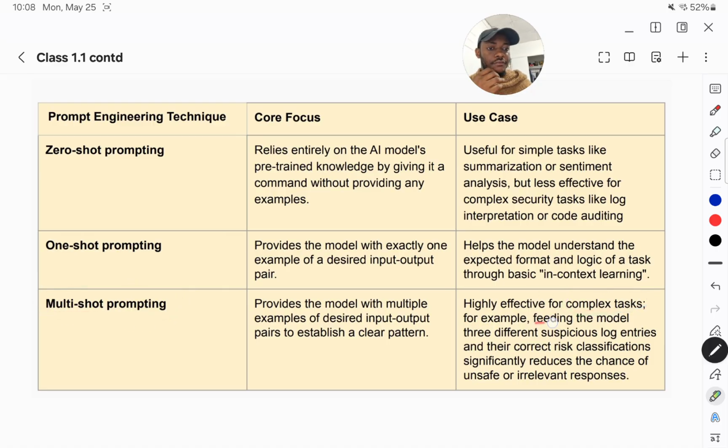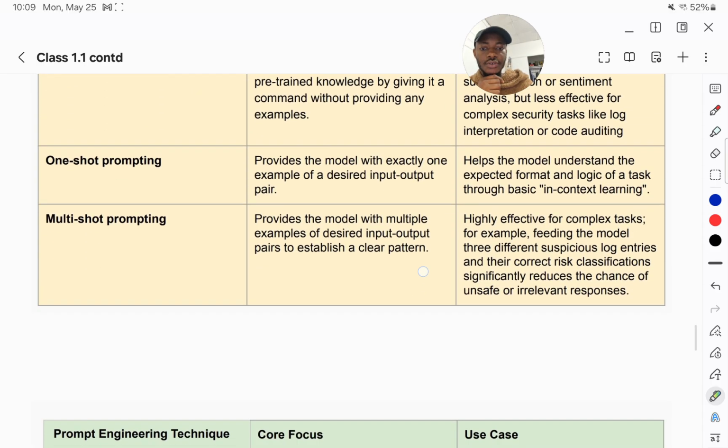For example, feeding the model three different suspicious log entries and their correct risk classifications significantly reduces the chance of unsafe or irrelevant responses. So multi-shot prompting helps the security expert get relevant responses instead of multiple options or guesses from the model.